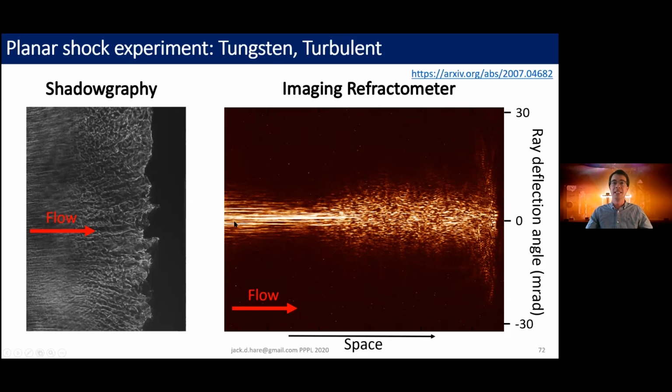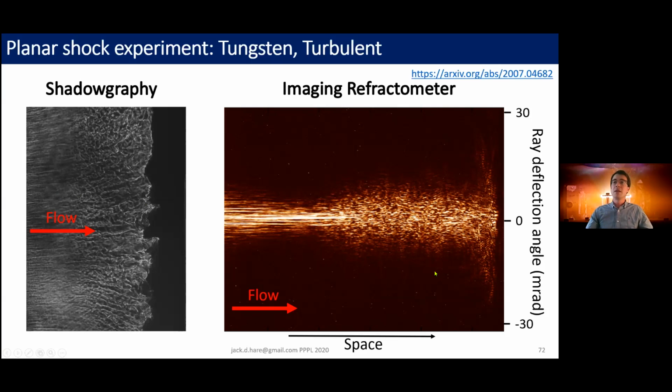They're mostly centered on zero deflection angle. And that means there aren't very significant density gradients within that region of plasma. But as the plasma goes into this turbulent regime, we see much more significant deflections. These significant deflections correspond to density gradients within the plasma caused by turbulence.